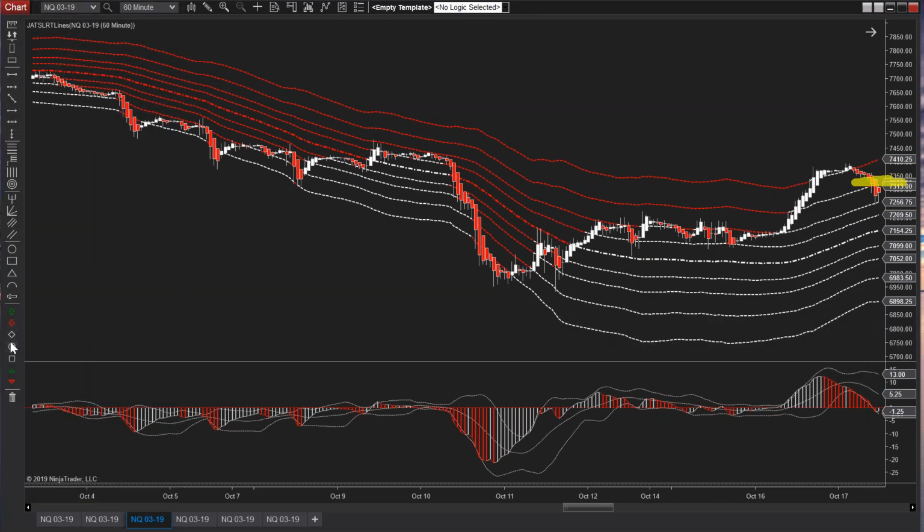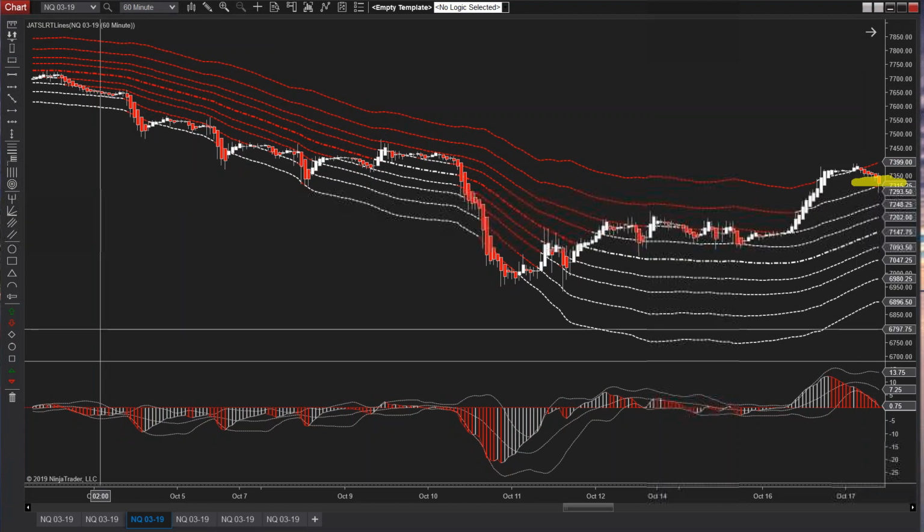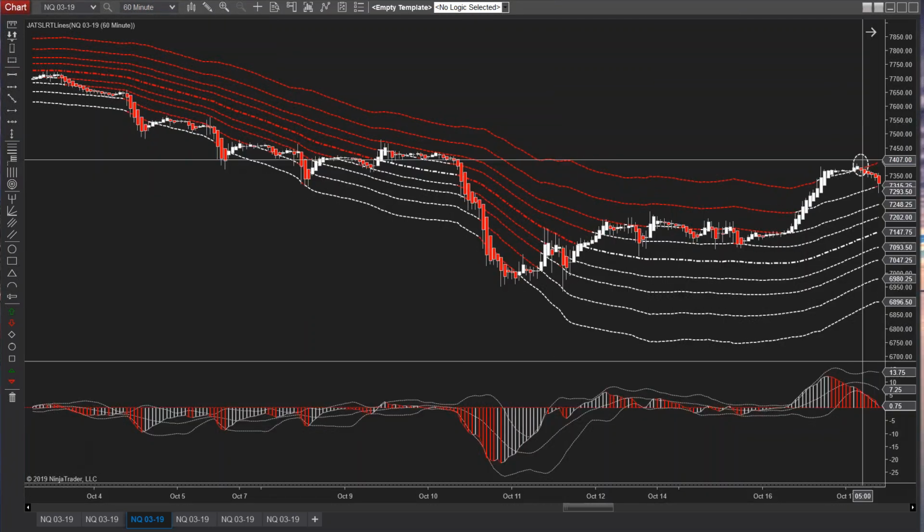So whoever bought an entry short right here, whoever got short right there is the winner chicken dinner, right?